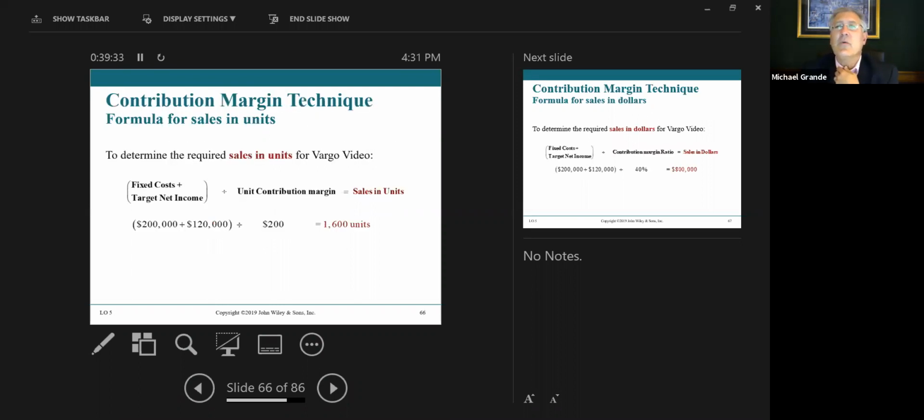To determine required sales in units for Vargo, they want to have a target net profit of $120,000. So it's going to be the fixed costs that were already there at 200 plus the target net profit of 120 divided by the contribution margin per unit of 200. They need to sell 1,600 units to have a target net income of $120,000.